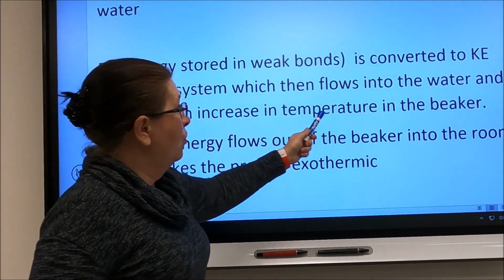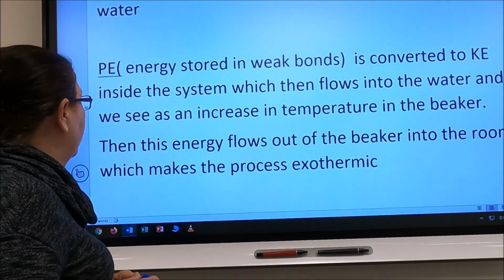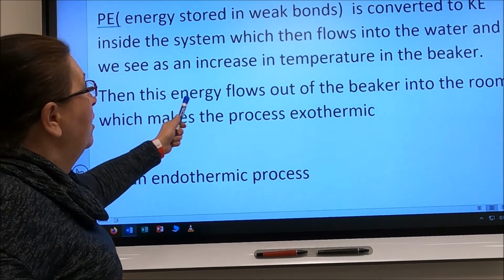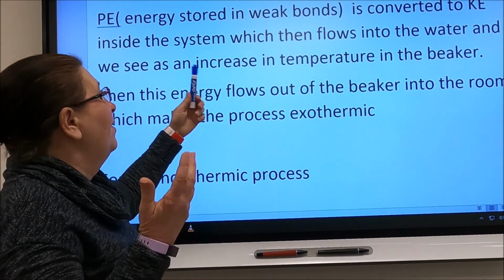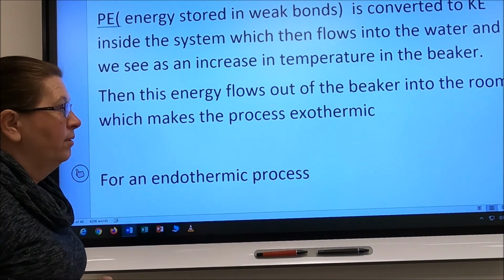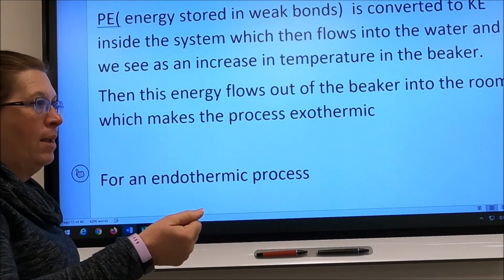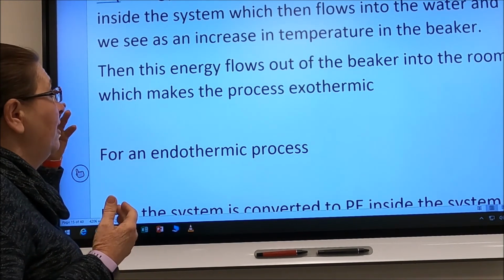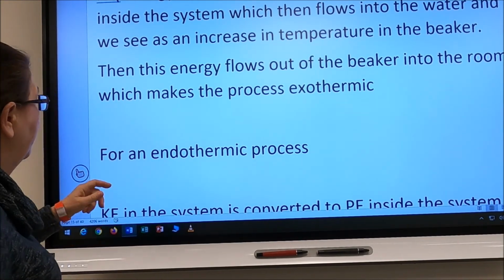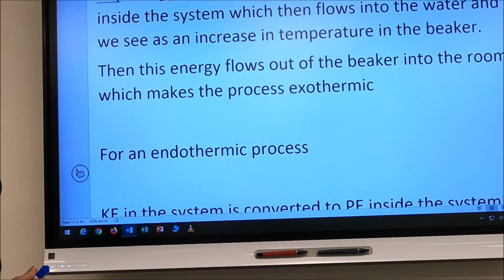And we see an increase in the temperature of the beaker. So energy is flowing over time out of the beaker into the room. This is an exothermic process. So anytime we observe an increase in temperature when we have a reaction in a beaker, it's exothermic. Now, endothermic.